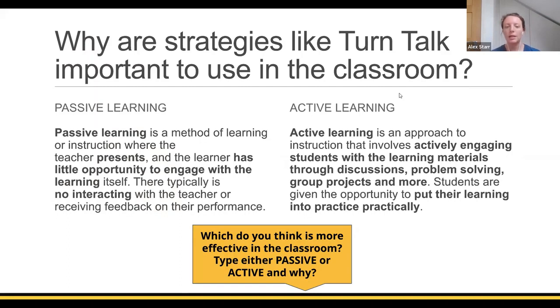There typically is no interacting with the teacher or receiving feedback on performance. Active learning is an approach to instruction that involves actively engaging students with the learning materials through discussions, problem solving, group projects, and more. Students are given the opportunity to put their learning into practice practically.